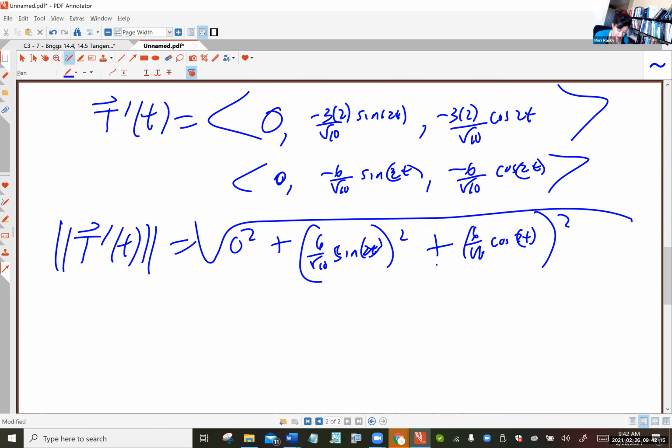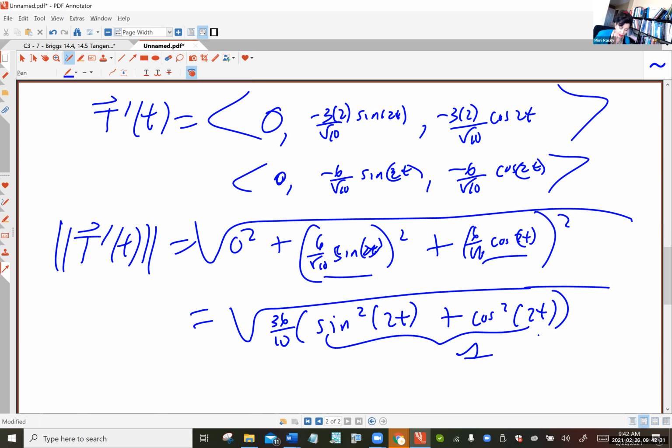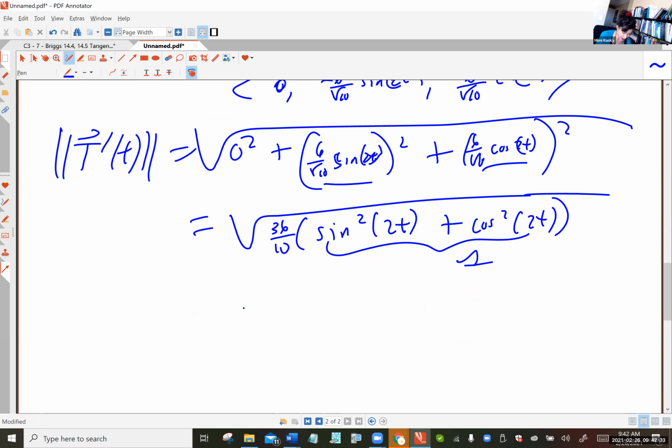And once again, if you notice, those terms are going to have a common factor of 36 over 10. Ooh, nice. And then of course, this is adding up to 1 from your trig identity. And then square root of 36 tenths. Ugh. It's not a real nice thing, but what the heck? Looks like that. Did anybody get that for magnitude of big T prime?